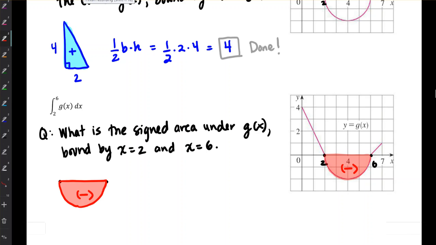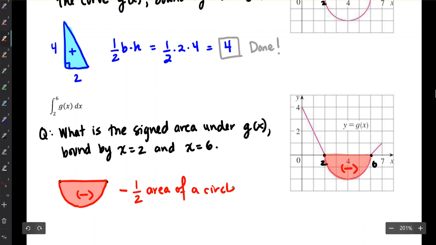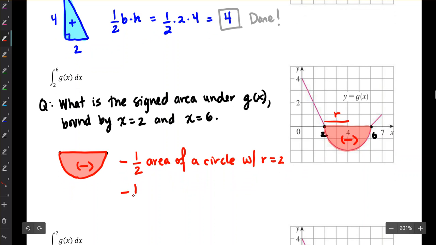All right, so notice that it's going to be negative because we're below the x-axis. This is half the area of a circle with a radius being 2. So it's minus a half.